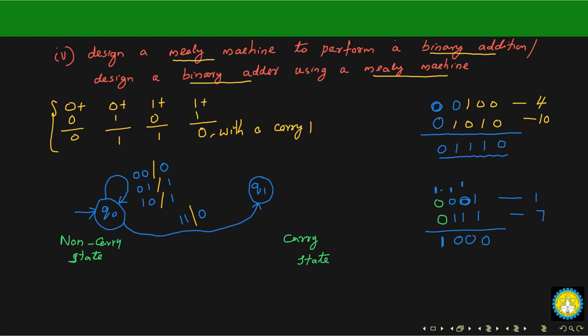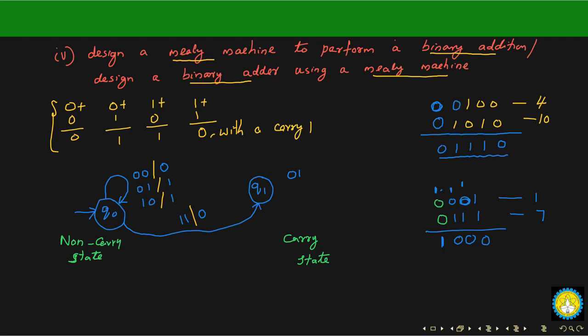For example, if you want to define the rule of addition for 0, 1: we know that 0, 1 will normally generate 1 as the output if we are not considering a carry. But since we have a carry, we have to add that also. So when we add 0, 1 plus the carry, we will get 0 as the output.